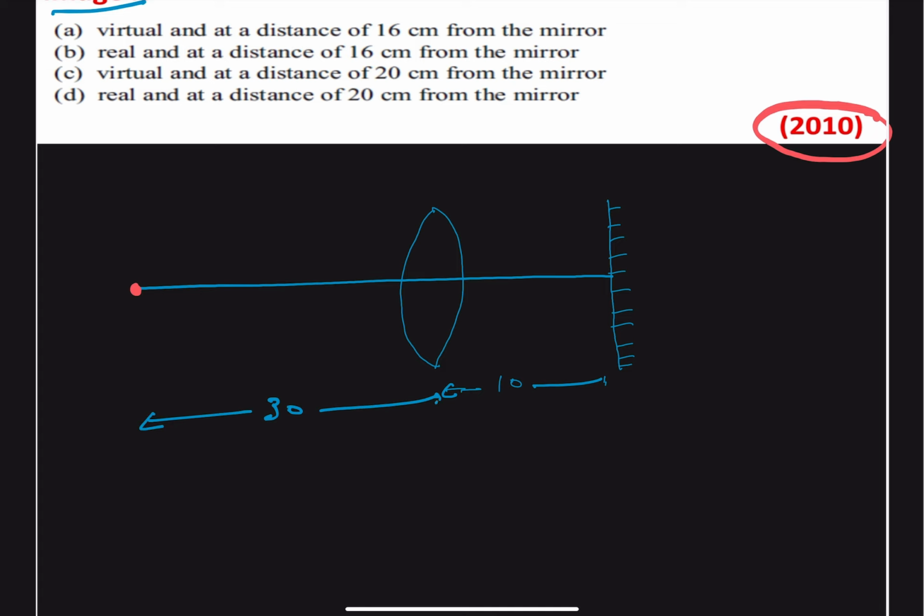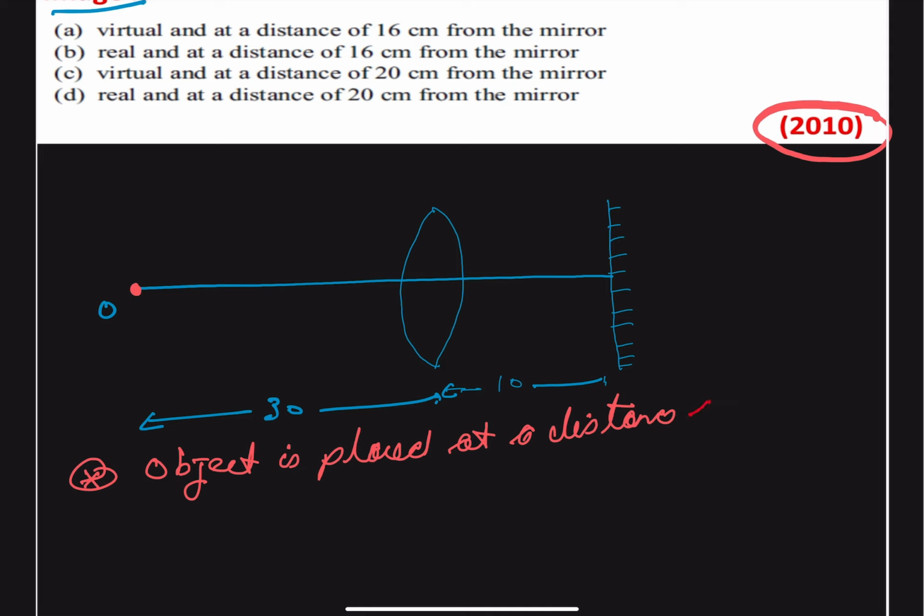So this is our object, and like I said, the first thing we notice is that the object is placed at a distance of 2f from the lens, that is twice the focal length.